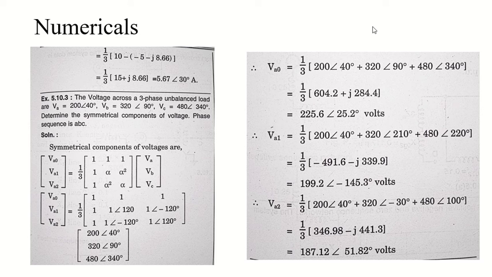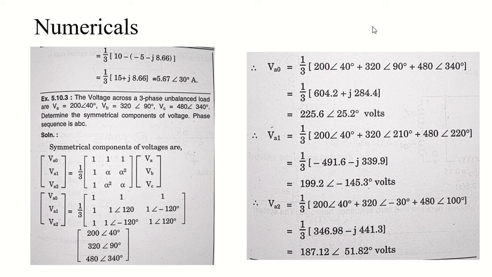Again, the value of alpha you know already, so I'm not mentioning it again. You have values of VA, VB, and VC, all three of them, so I'm not mentioning those as well. Now you simply have to take the multiplication, and you can find the value of VA0, VA1, and VA2.